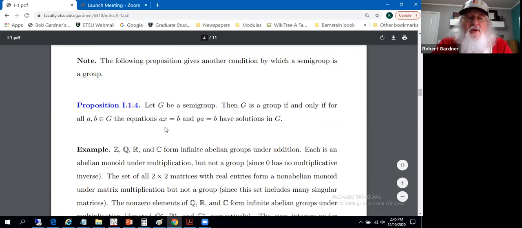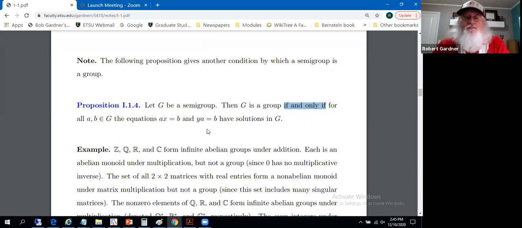All right, here's another if and only if result in which we start with a semigroup and give a condition that guarantees that we have a group. Claim is, let G be a semigroup. Then G is a group if and only if for all A and B, the equations AX equals B and YA equals B have solutions in G. Again, think of the X and the Y as unknowns.